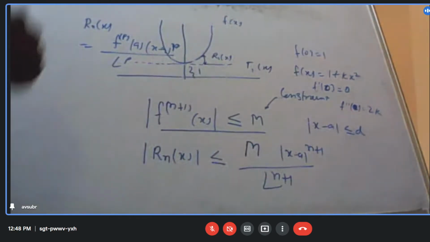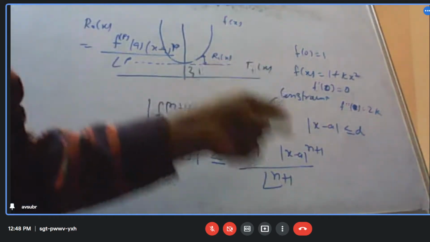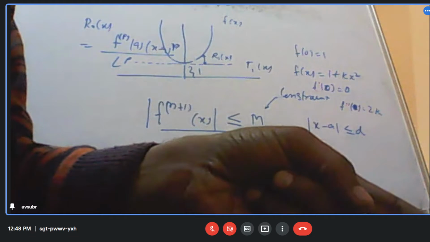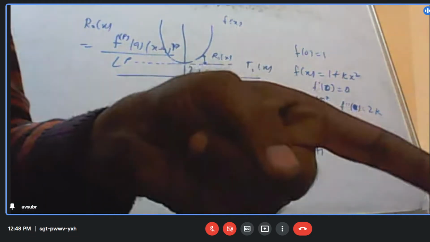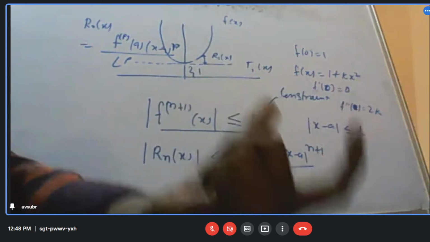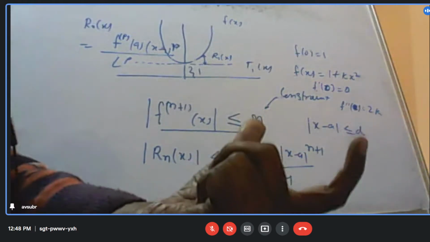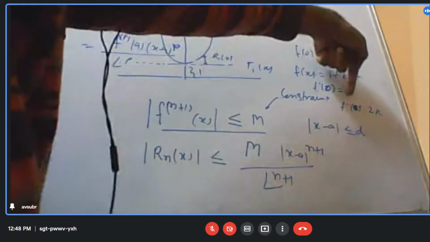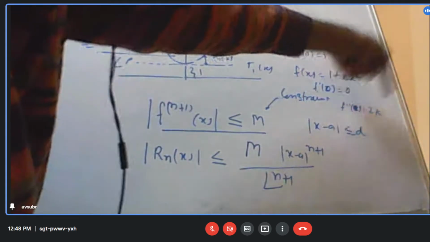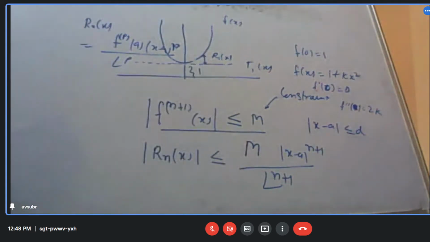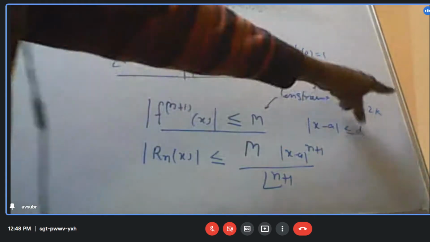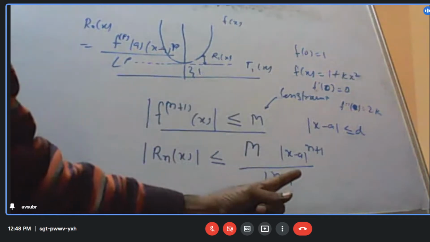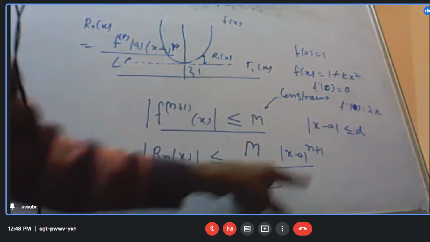So we have to take the next term onwards, and whatever terms are left out are all remainder. Is it or not? So n plus 1, this is a double prime, so here it will be 2k. So M will be 2k over here. Now it will depend upon 2k, x minus a to the power n plus 1, and how many terms we are taking. It will depend upon these things.